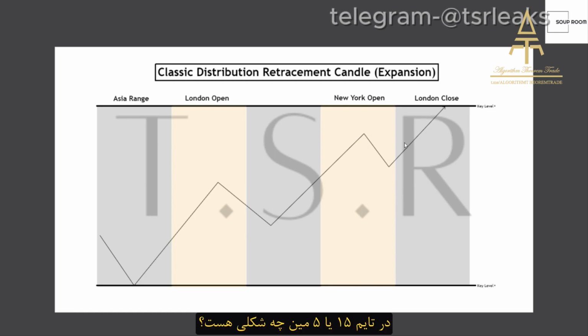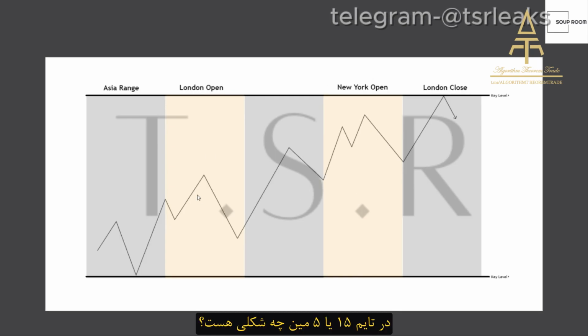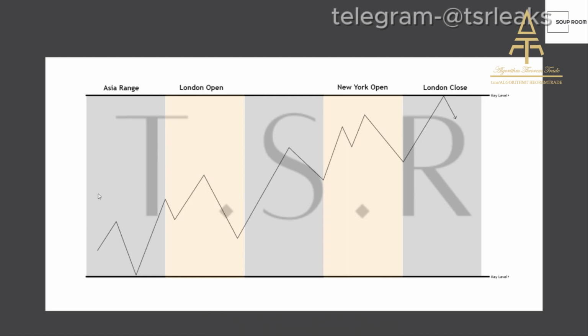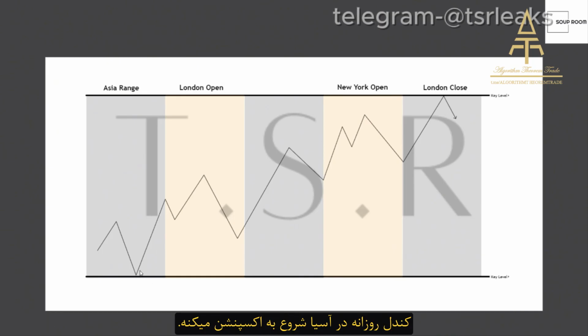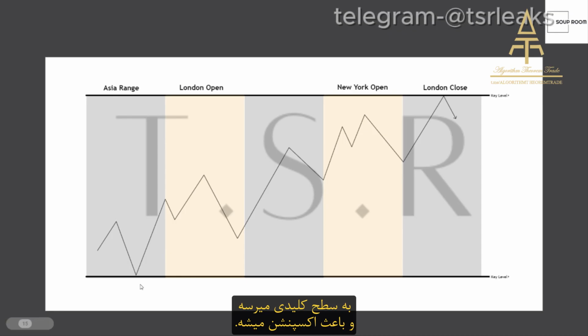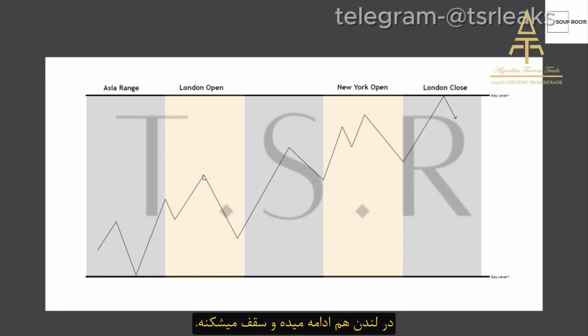So let's break this down a little more. On the lower time frame, a 5-minute or 15-minute time frame, you can see the daily candle starts with an expansion right away from the Asia session. So we hit a key level, caused a reversal, and expanded to the upside. Now, the London session continues the expansion as we are rejecting lows and breaking highs.